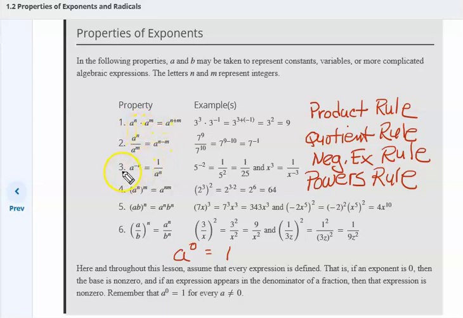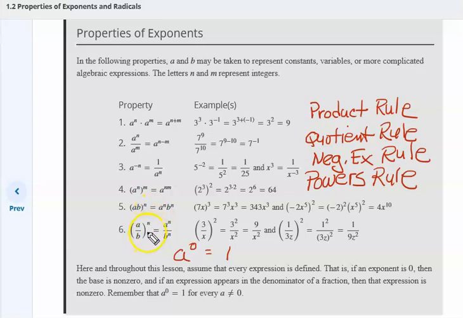All right, this is the negative exponent rule: if it's negative in the numerator, moving it down to the denominator, we just change the sign of the exponent. Now, number 4 is the powers rule, where we're raising a base to a power, we multiply. And this is another version of it, keeping in mind there's a 1 by each of the exponents that we need to multiply.